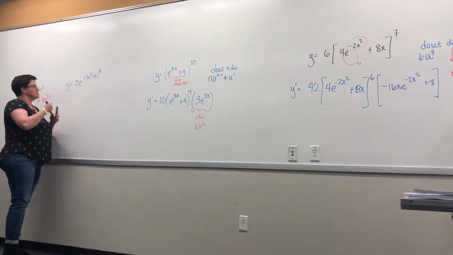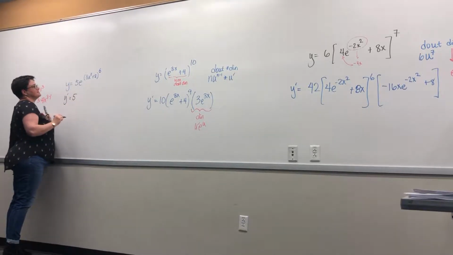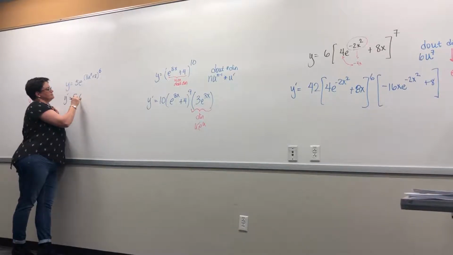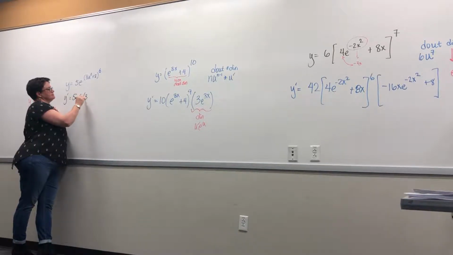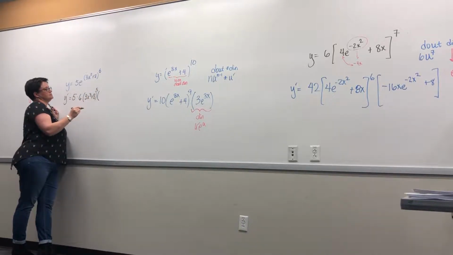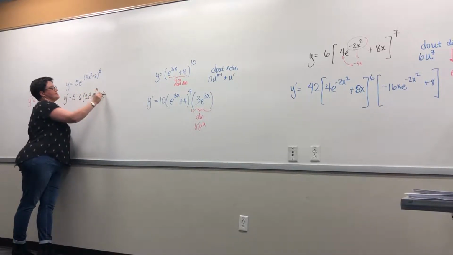So, Mitch, talk me through this. Y prime, let me just put the 5 out first. Times what? 6 to the 5th power. Good. Times what? 6x. Good.